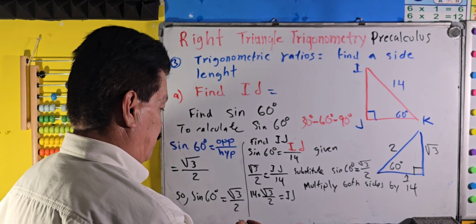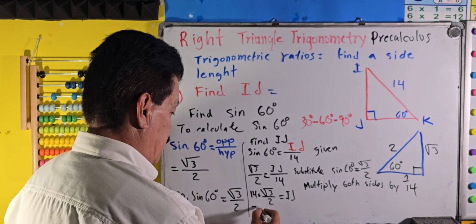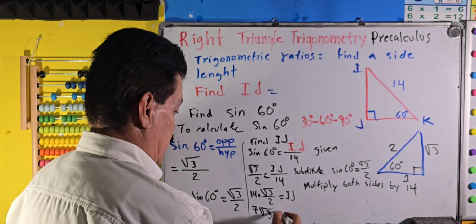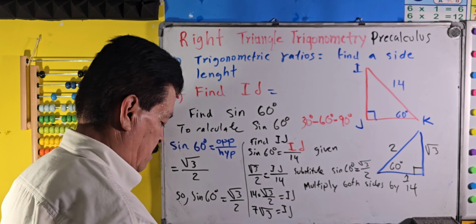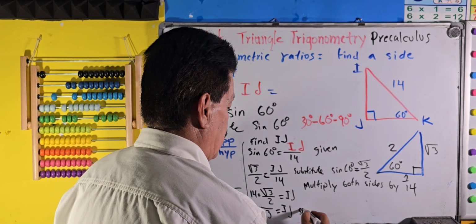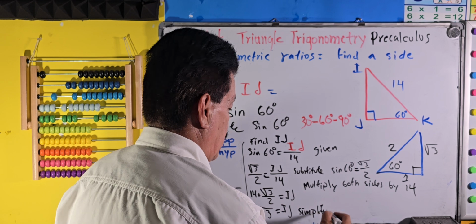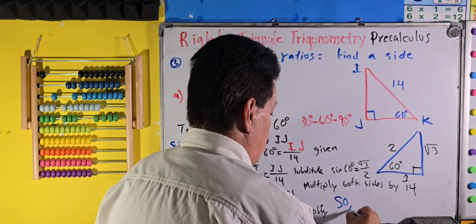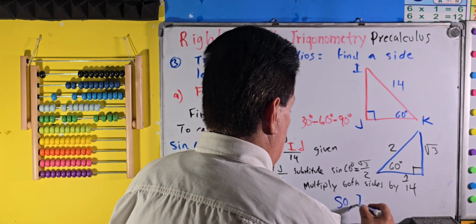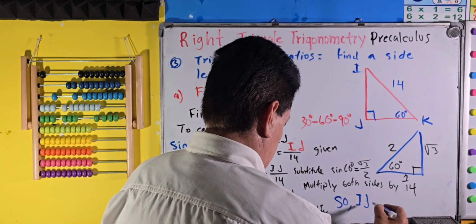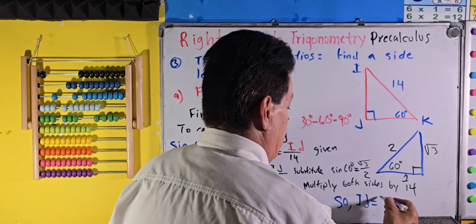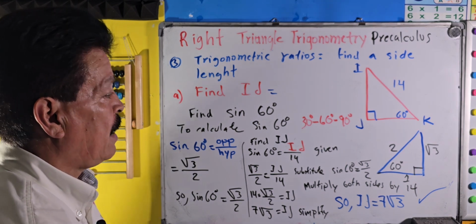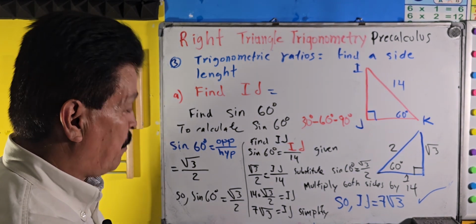So we will have 7 times square root 3 equals IJ. See, so here we simplify. So our conclusion: IJ will be 7 times square root 3.